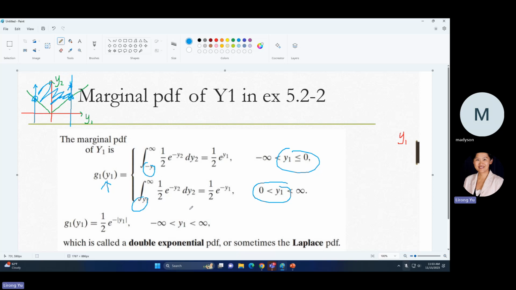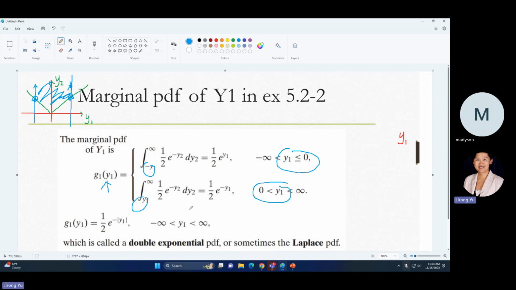Since the boundary for y1 can be negative or positive, we want e to the negative absolute value of y1, and that will guarantee that the function itself is positive and bounded.